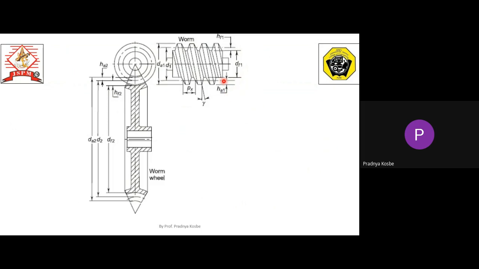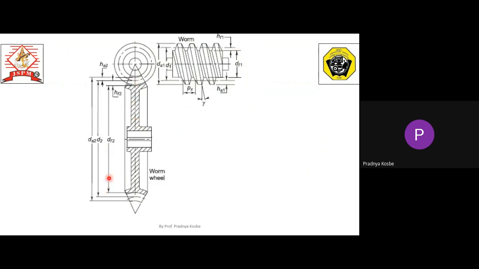HA1 is the height above D1 up to the top surface or end of the threads, that is, the addendum height of the worm. And HF1 is where the dedendum is, up to the pitch circle, and that is the dedendum height of the worm.